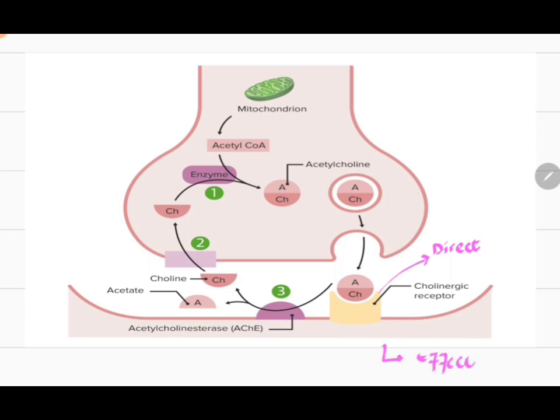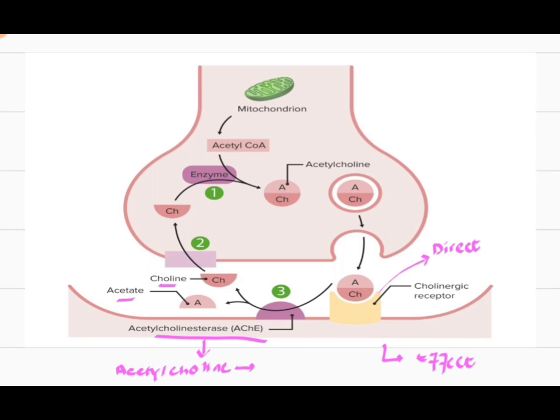Whereas the indirect acting drugs, or the cholinesterase inhibitors, act on this enzyme right here. This enzyme is also embedded in the membrane of the postsynaptic nerve junctions. What this enzyme does is that it converts acetylcholine into acetate and choline. It is basically a negative feedback system, which works in conjunction with the cholinergic receptors, and it converts the active acetylcholine into acetate and choline molecules.